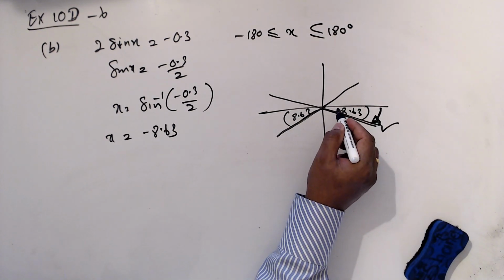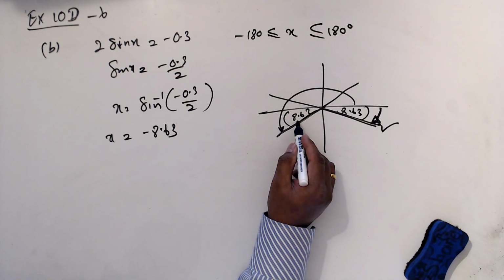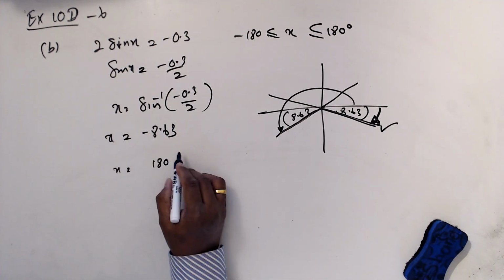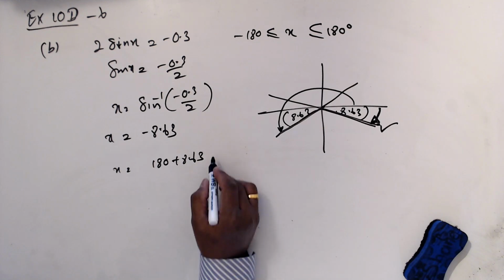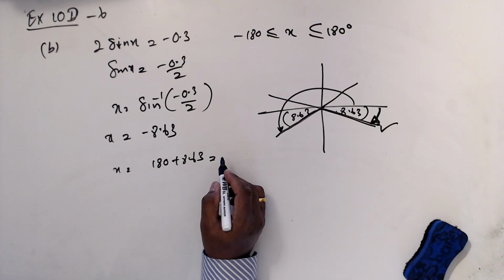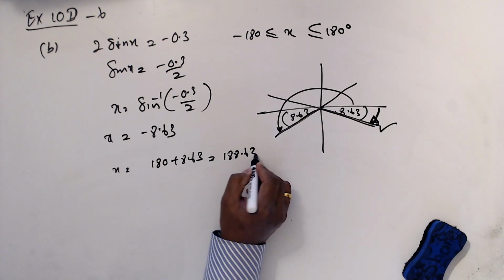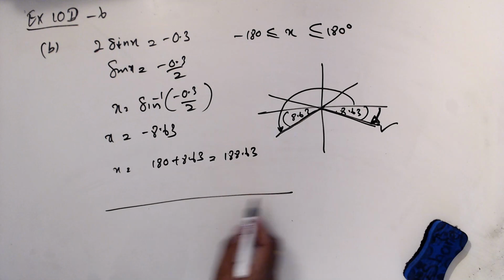So we'll start from here. This is going to be x equals 180 plus 8.63. So we know this is already out. This is not an answer. 188.63, this is already out. So this is not the answer, but we will start.